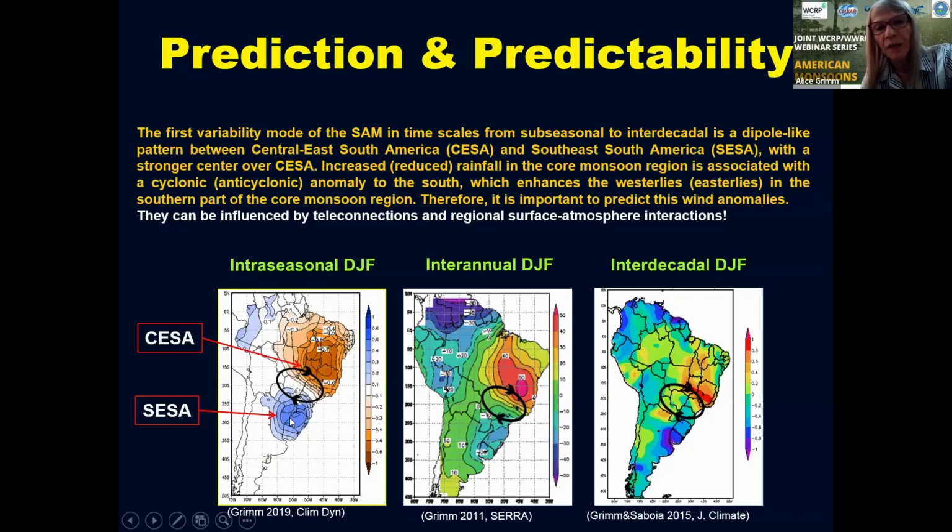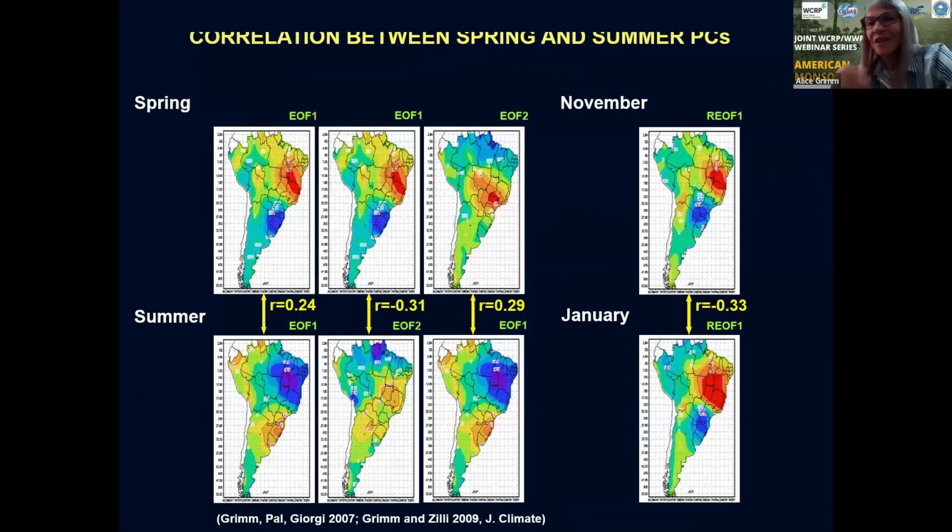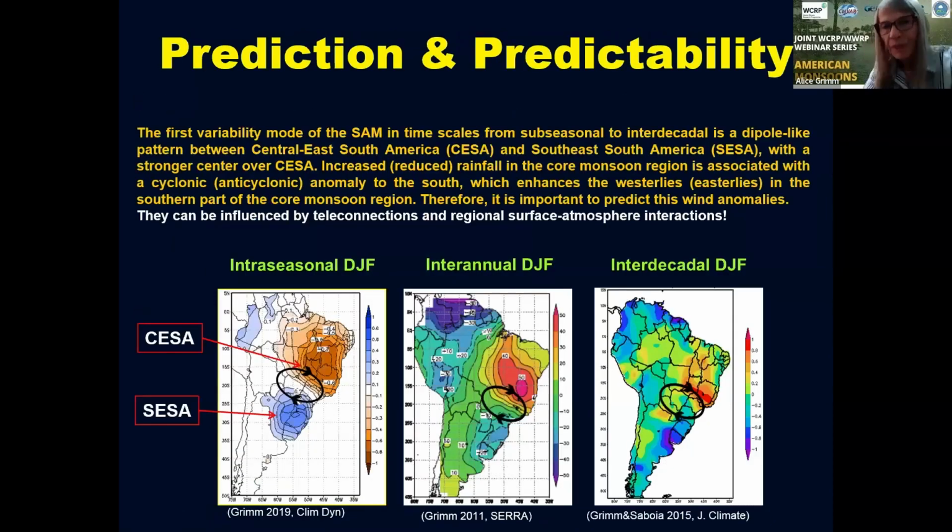It's a dipole-like pattern with opposite signs between Central East South America and Southeast South America. And it happens at intraseasonal, interannual, and interdecadal time scales. And this dipole is very much influenced by the regional circulation that happens here.